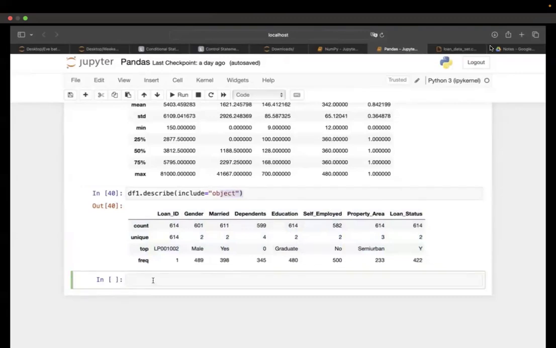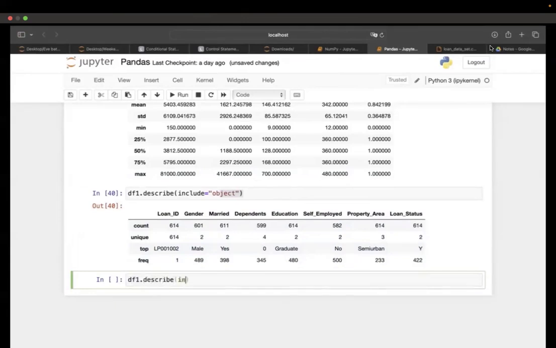Let's move forward. Let's talk about, suppose you want to describe all the columns. So this is your df1, and then you are simply writing dot, after that you are writing describe.